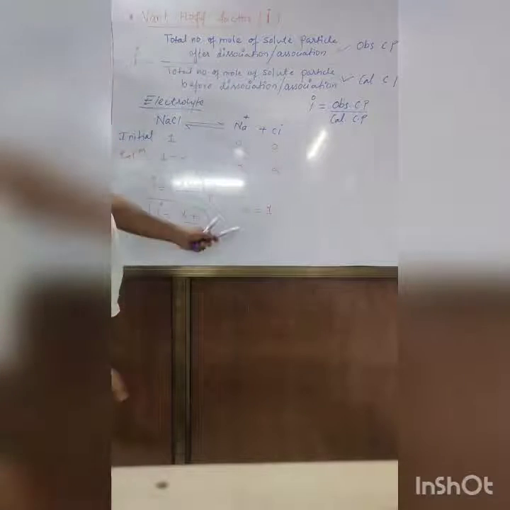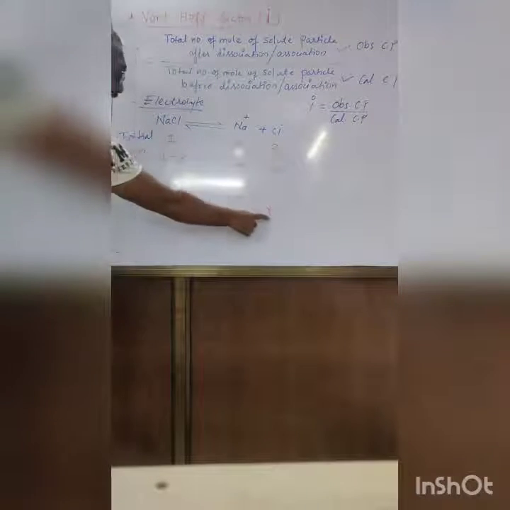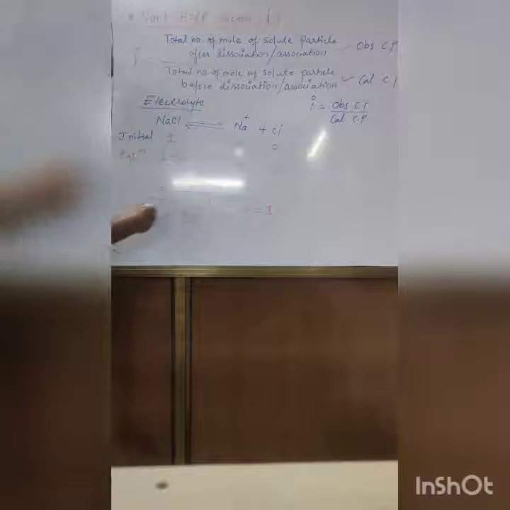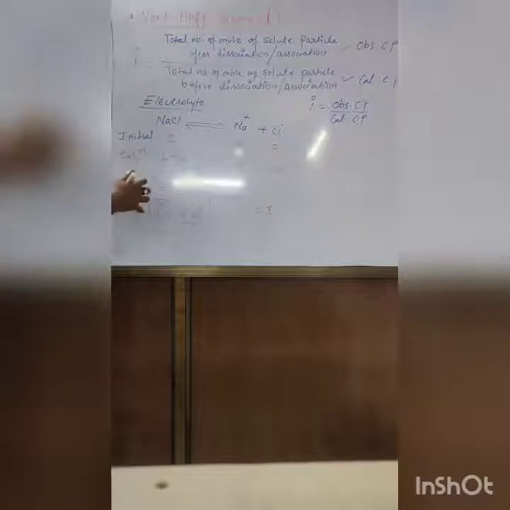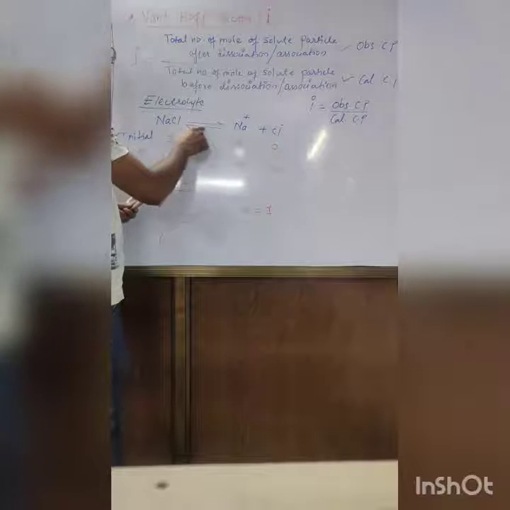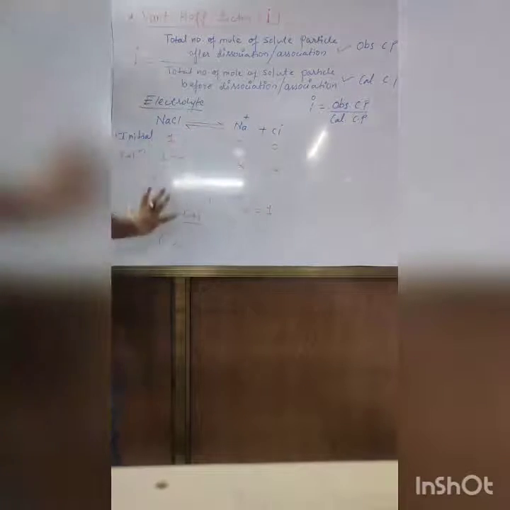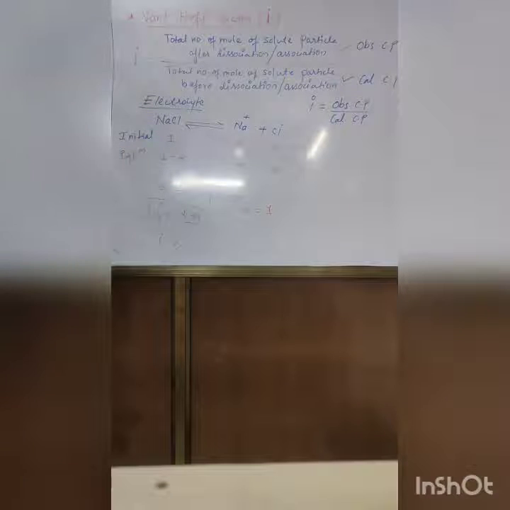Please remember. So if we put the value 1 here, the i value will be 2 by 1. So if NaCl undergoes 100% dissociation, the answer will be 2 by 1, just in order to prove it.